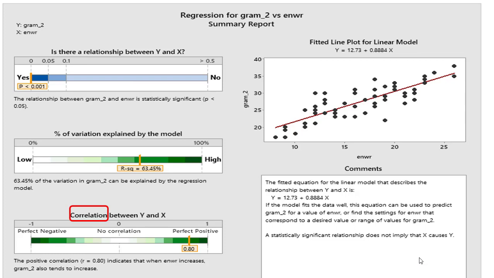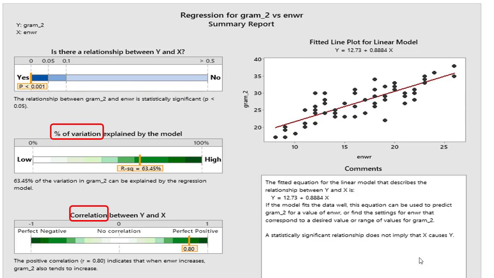So these two variables are highly correlated, and as we can see in the middle chart on the left, we can also explain the percentage of variation. This is the R squared value. In this case, we have 63.45% of the variation we can explain with that formula that we discussed before.